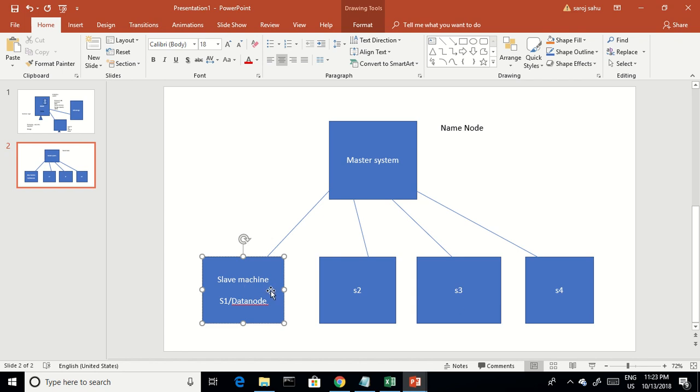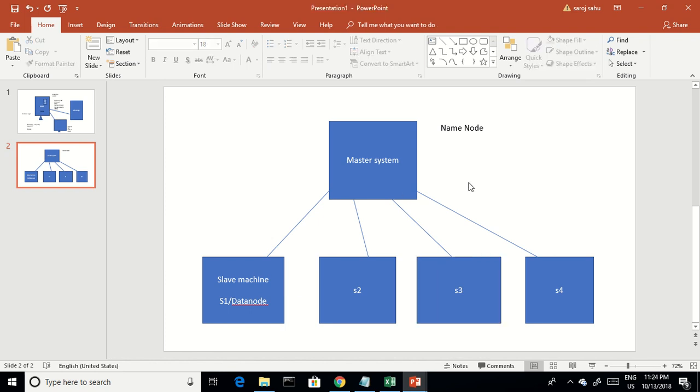I mean the hardware configuration: some systems have 100 GB, some have a capacity of 500 GB, some have 1 TB. RAM-wise also it may differ from each other. But operating system wise it should be a single flavor, single version, so that would be a good combination.